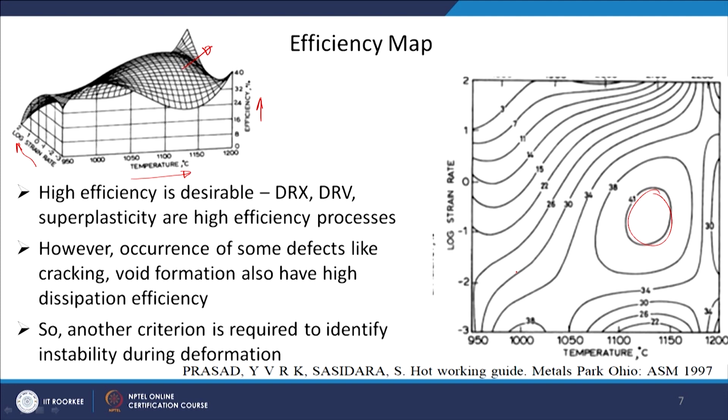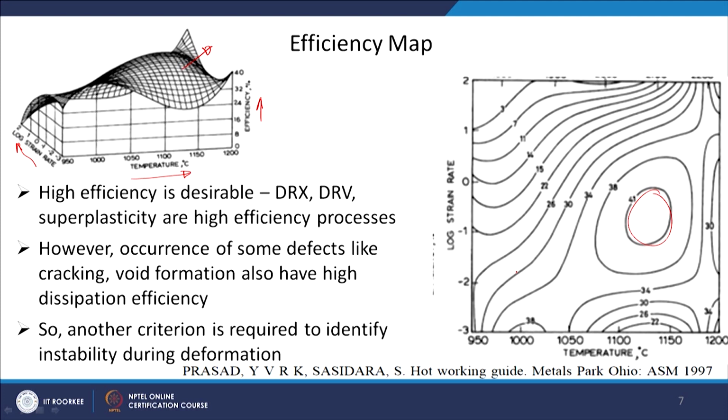High efficiency is desirable because, as I told you, DRV, DRX and superplasticity are all high efficiency processes. However, the occurrence of some defects like cracking and void formation also has high dissipation efficiency.